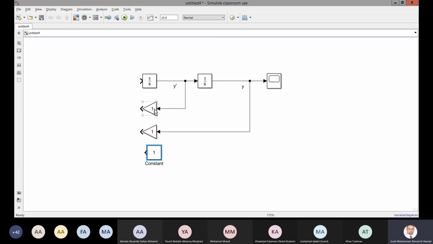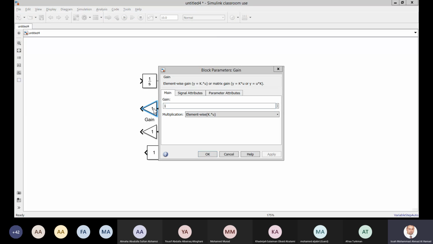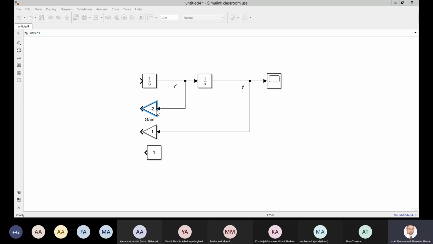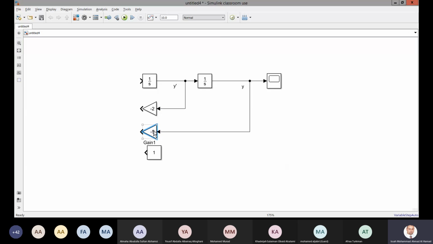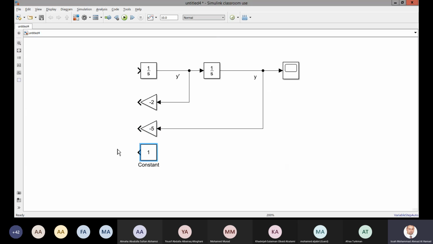Let me check what we put for the gain of y prime: minus 2, so this is equal to minus 2, and the gain for y equals minus 5, so this should be equal to minus 5. Now this constant should be 1.